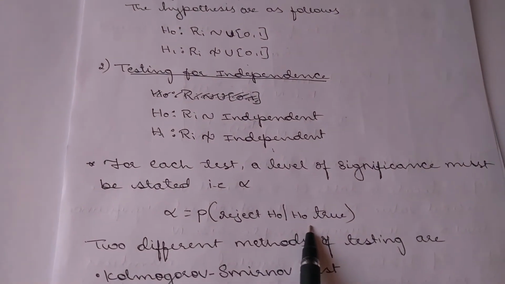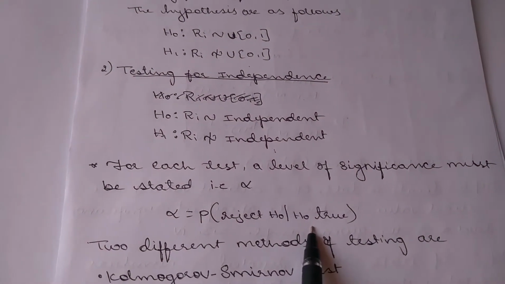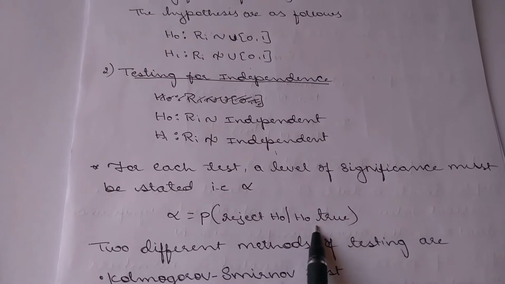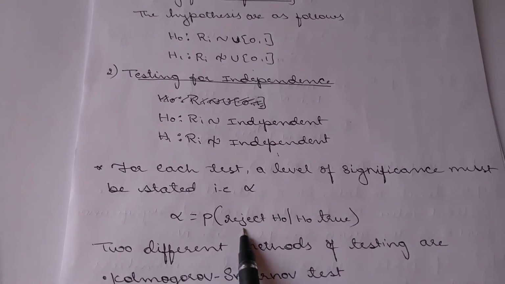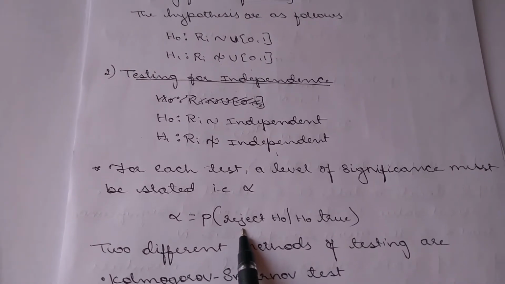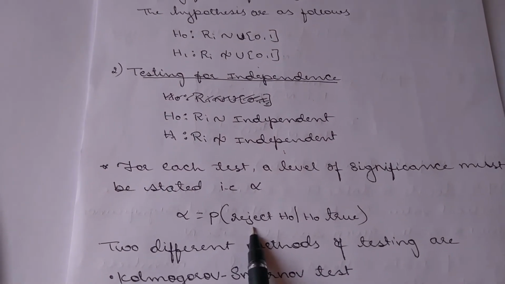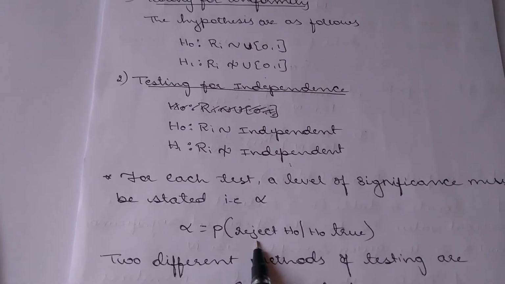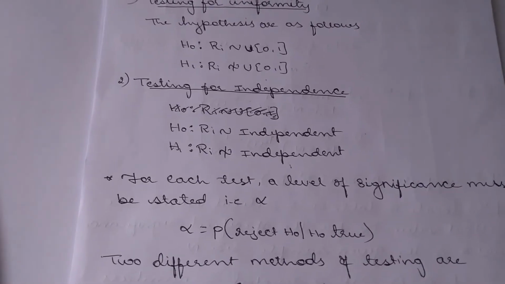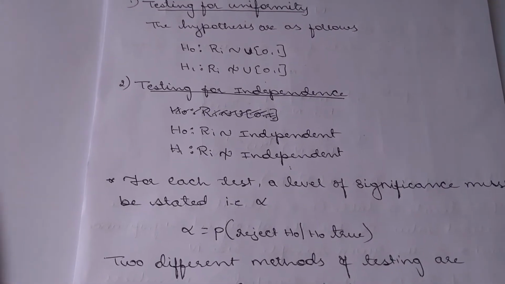You have to decide whether the numbers are uniform or independent. If they are not uniform, then you reject the hypothesis. In the same way with independence, if they are not independent, then you reject the hypothesis.